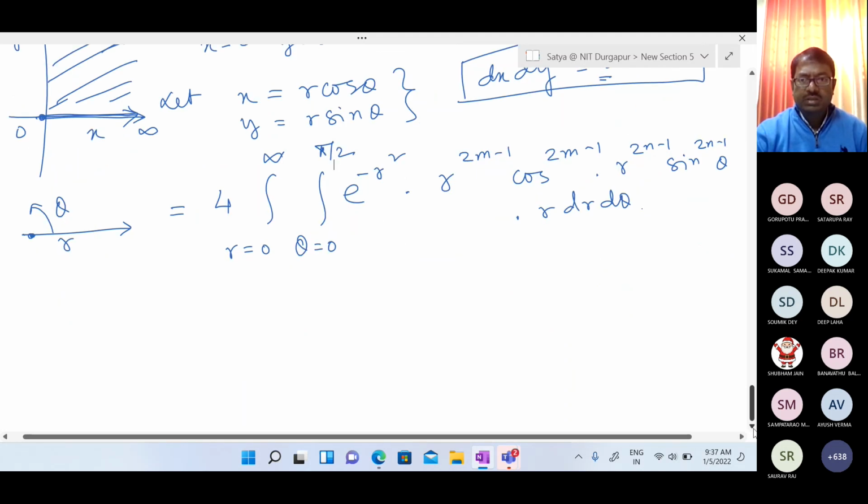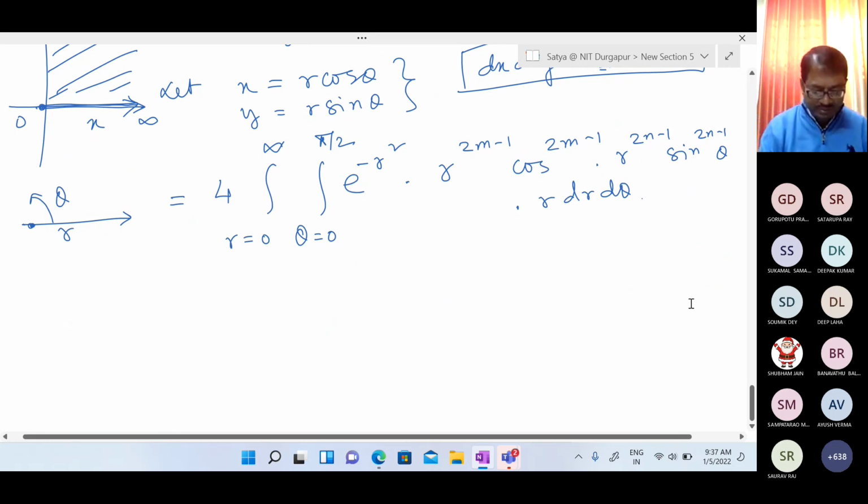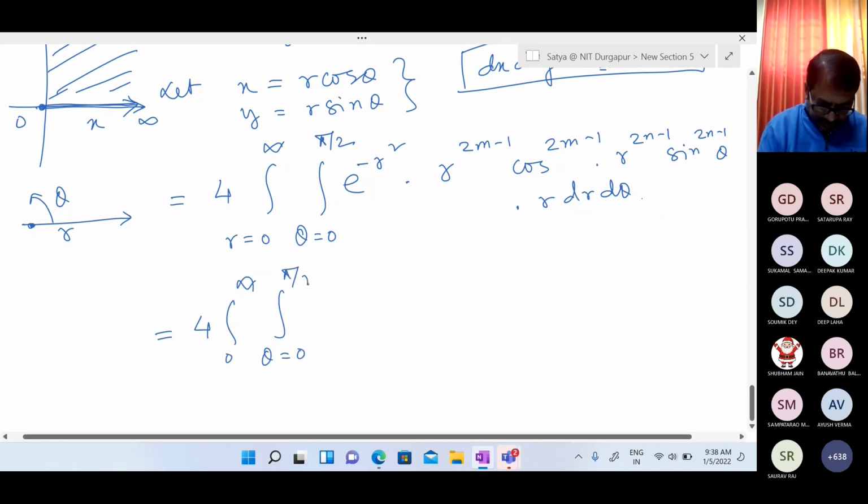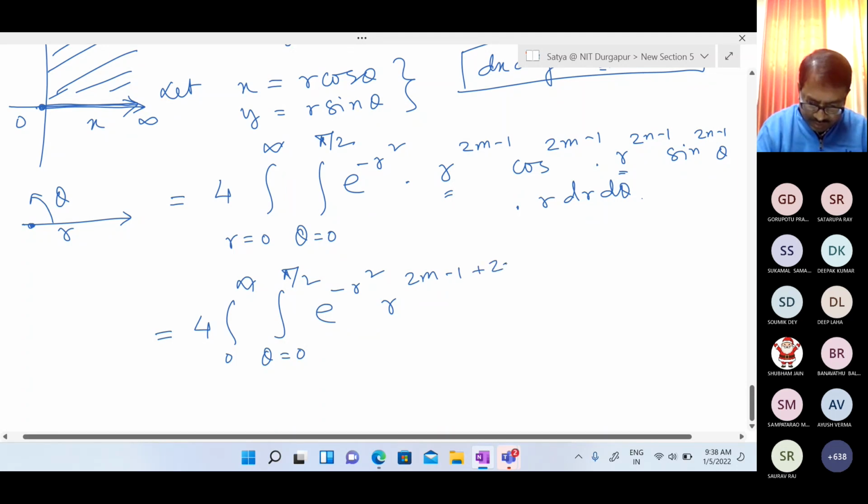Okay, now we need to simplify. We almost reached the proof. So this is equal to 4 integration over r from 0 to infinity, theta from 0 to pi by 2, e to the power minus r square, and now the r part: 2r, and r to the power 2m minus 1 plus 2n minus 1, plus 1.